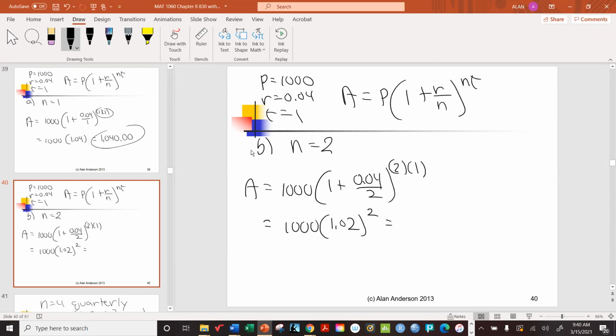So on your calculator, you should do this. Now, this is where it gets a little tricky. In fact, what I'm going to recommend is that you go from right to left this time. Go 1.02, and then you can use your x squared button in this particular case.